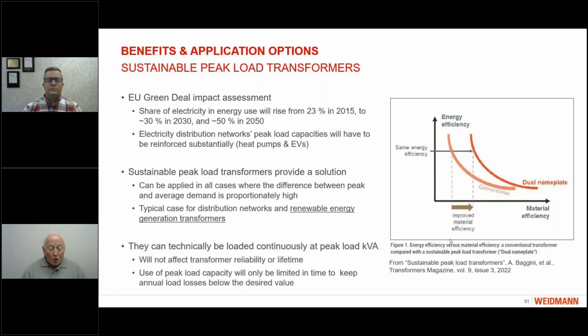And because we have insulation that can be used at higher temperature, this will not affect the reliability or lifetime of transformers. It just provides a more efficient way to use these available insulation systems. Next, please.